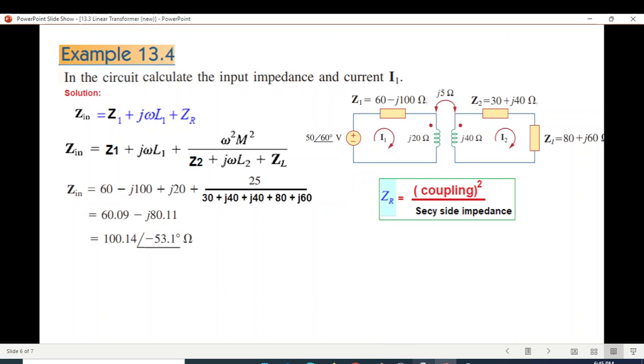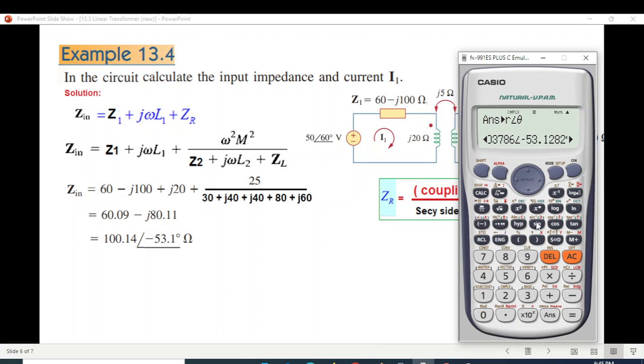So let's see how this was achieved. Your calculator should be in the complex mode. The best way to confirm, you go to mode 2 for complex, so press 2. Now it is in the complex mode. Now we can enter the values directly. So we'll write 60 minus j100.